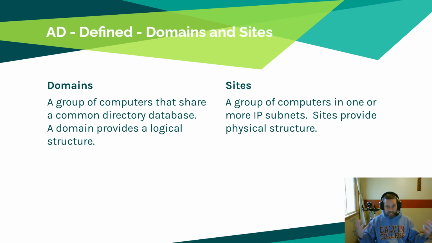So if I have a domain that is worldwide, for a company, the logical organization is going to be the domain. Within that company, I might have a site in Grand Rapids, I might have a site in Chicago, I might have a site in London, etc. And those will all be distinct IP subnets.